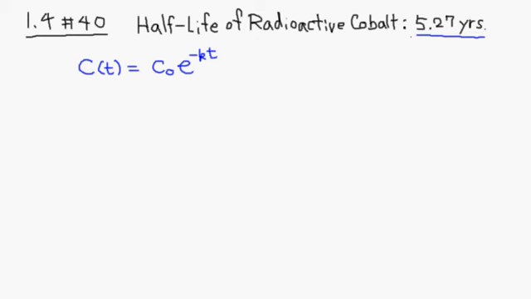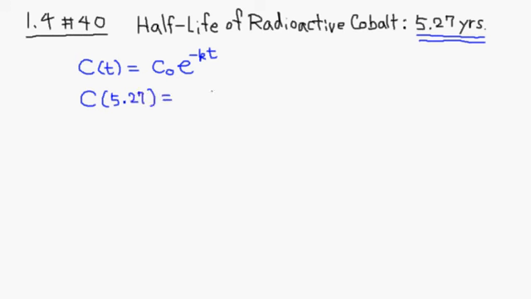We know that after 5.27 years, it's going to be half of the initial amount. So from there, we get this information: C of 5.27 years will give you 1/2.